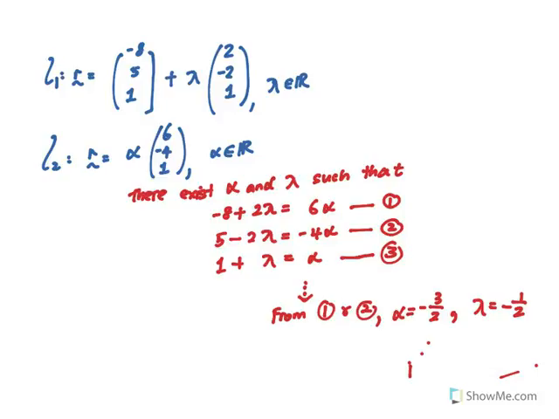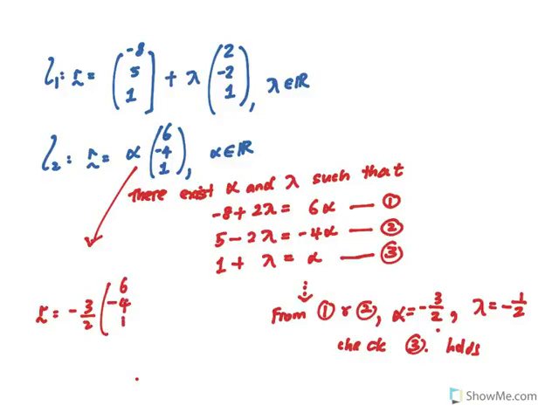Once we have that, we have to check that equation 3 holds. After that, you can substitute into either equation. Once I find alpha as negative 3 over 2, at the point of intersection r equals negative 3 over 2 times 6, negative 4, 1.